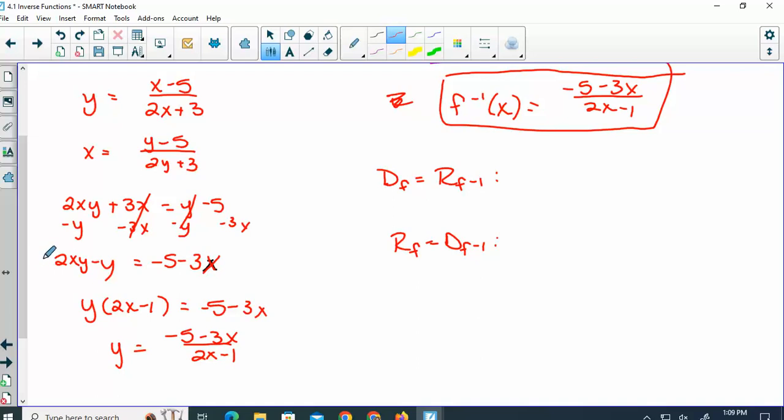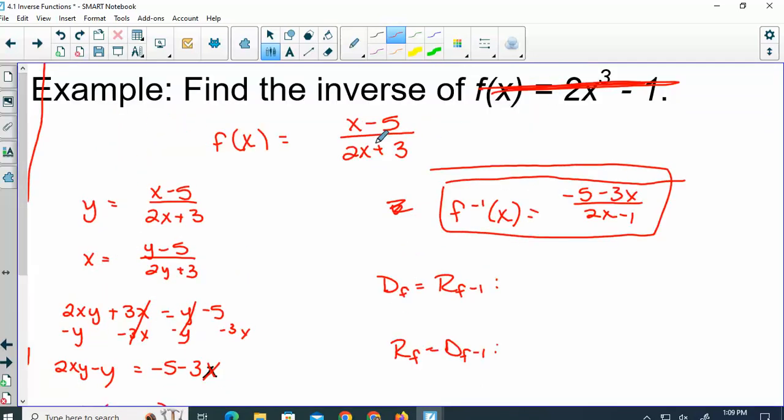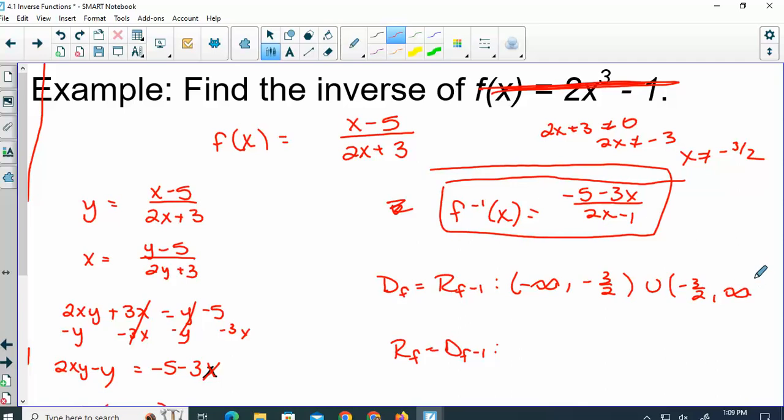So if we look at the original, the domain of the original, what could x not be? Right, we know that denominator can't be 0. So x couldn't be negative 3 halves. So the original domain was negative infinity to negative 3 halves, union negative 3 halves to positive infinity.